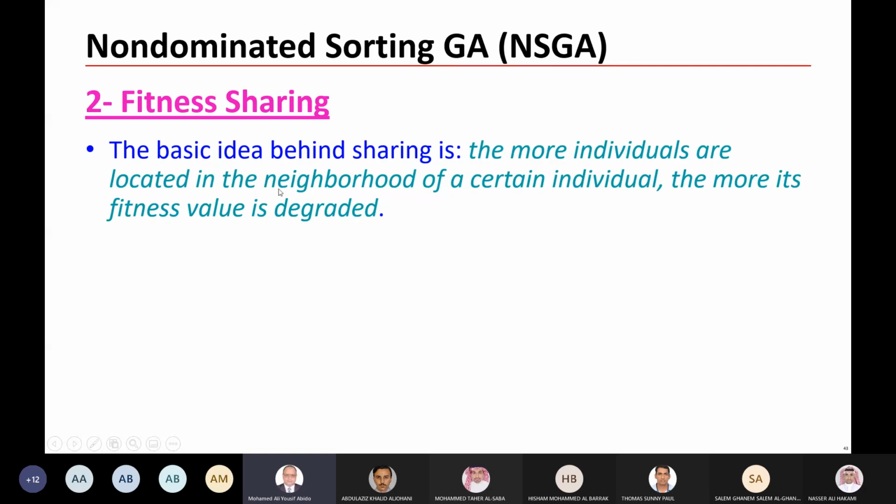Neighborhood. How to define the neighborhood? These solutions, okay, these are some of a certain front, okay? So how to define the neighborhood?